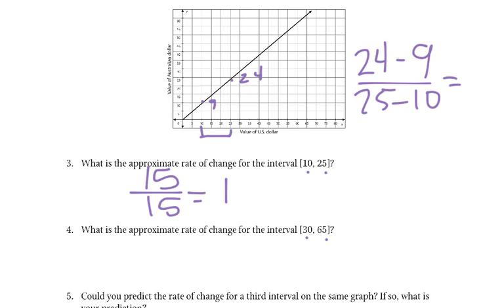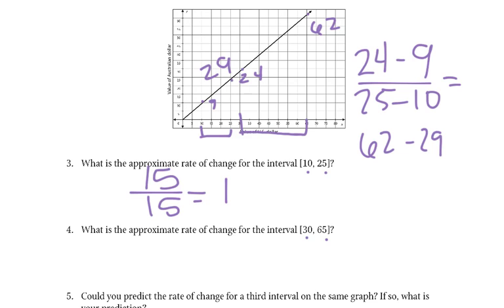Now, if we go to 30 to 65, because it's linear, it should still be the same. 30's probably like 29, and up here would look like 62.